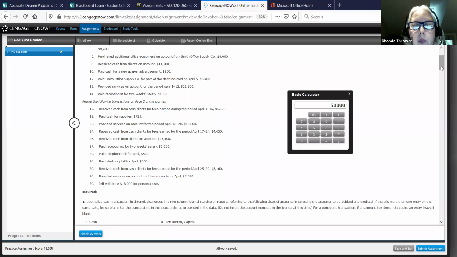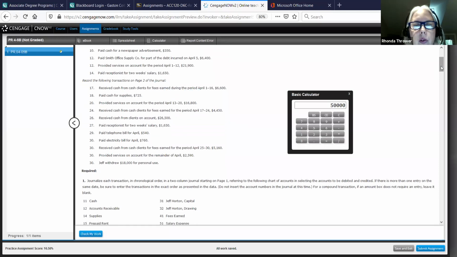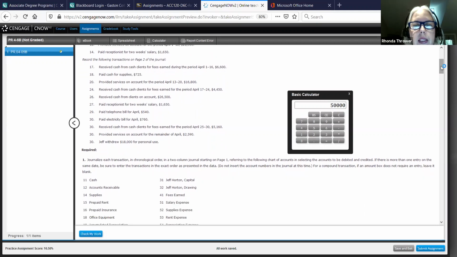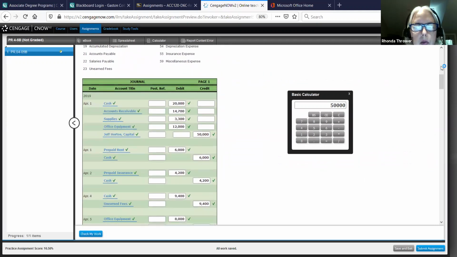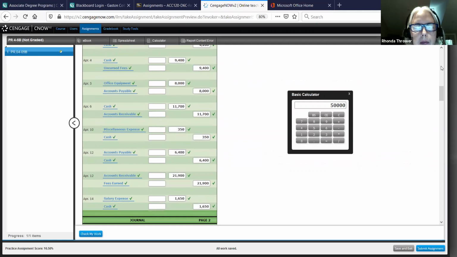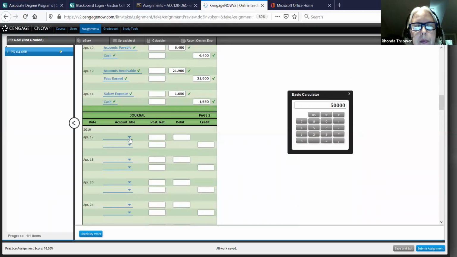So it's cash paying customers. We're going to debit our cash for $6,600. And we're going to credit our fees earned for $6,600. And we're going to check our work.